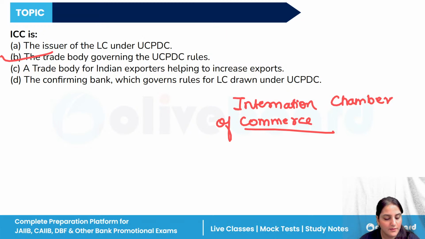Why D? ICC is a body which provides the rules and guidelines, and UCPDC is also included in ICC. So this is the trading body that governs the UCPDC rules. Okay.